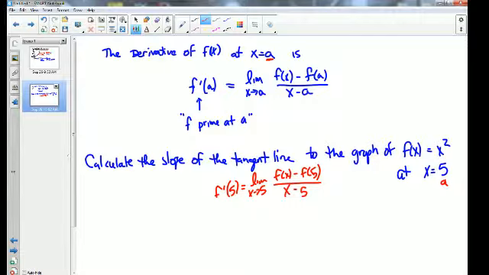Good with that? Now we just need to solve it. What's f of x? X squared. F of 5 is 25, and x minus 5 on the bottom.